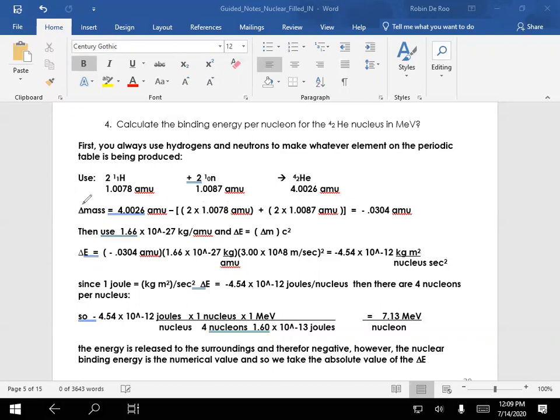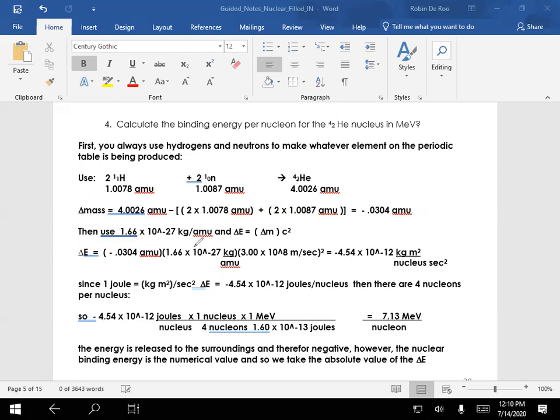So we want our change in mass, we want our product minus the sum of the reactants. We need to use our stoichiometry. So this 2 goes here, this 2 goes here, and so this is what we get for our change in mass for this particular problem.